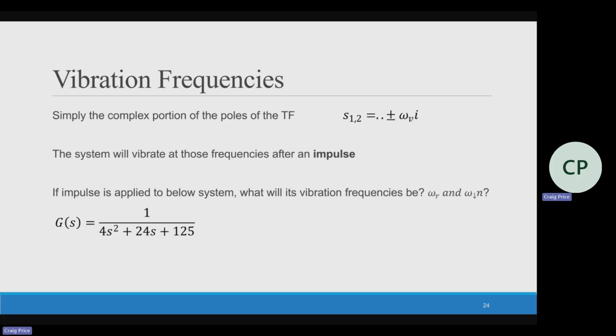If I have my transfer function, let's say, and an impulse is applied, what will its vibration frequencies be? I also want us to look at what the differences are. So first, I want you to find the vibration frequency based on this. And then we're going to compare them to the resonant frequency and the natural frequency. Because they're close, they're not the same.